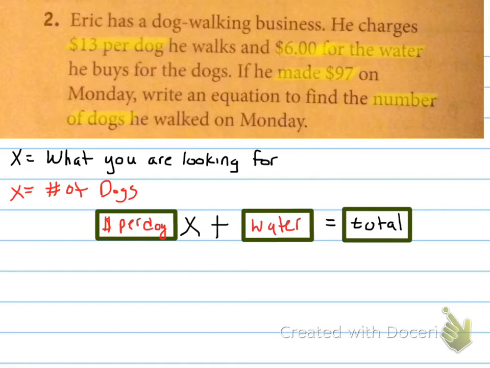Our total will be, so he charges $13 per dog, 13x plus 6 for the water equals, and our total will be 97. Alright, so that's how you guys should be asking yourself, what is the total?